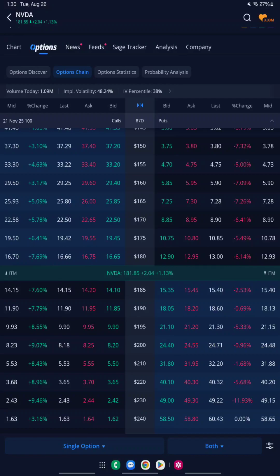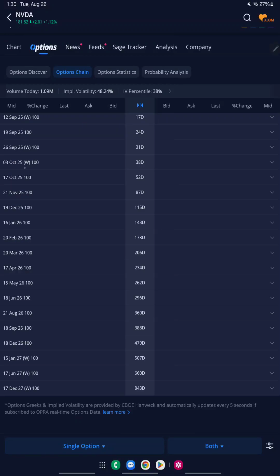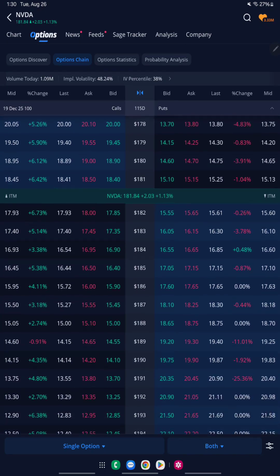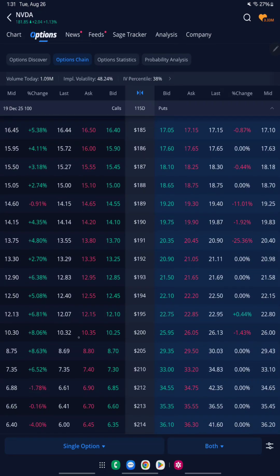$8.15. So that's $815 versus a month later, which usually traders could say, oh, I'm giving myself more time, but your probability is not any higher. It's $10.25. So there is a whopping more than $2 difference between those two.